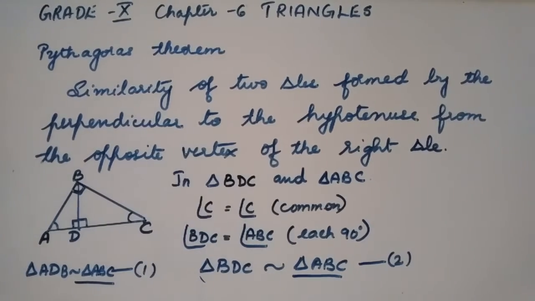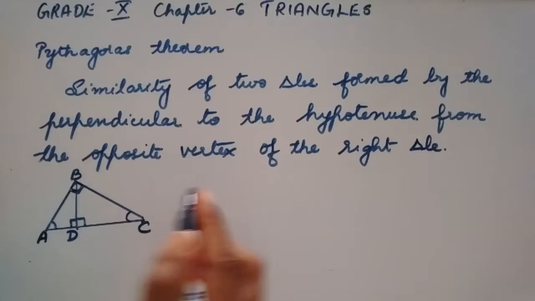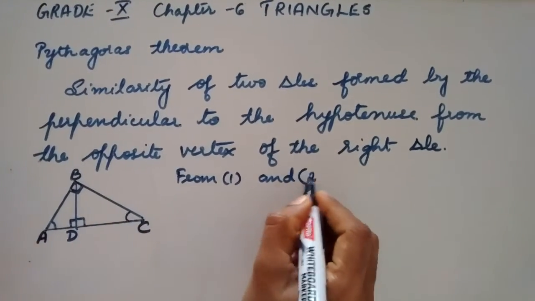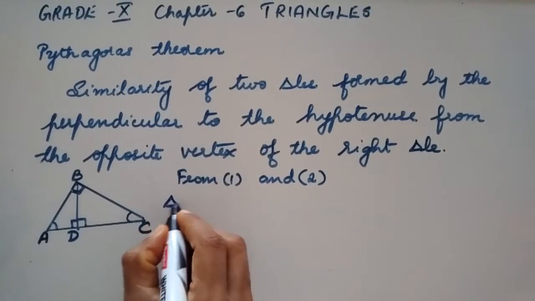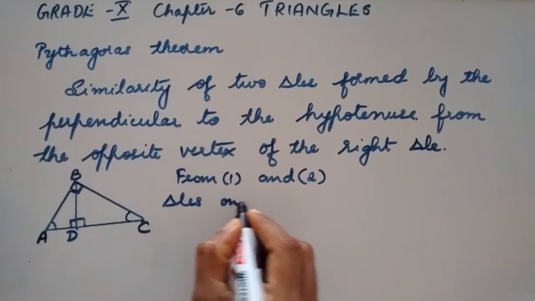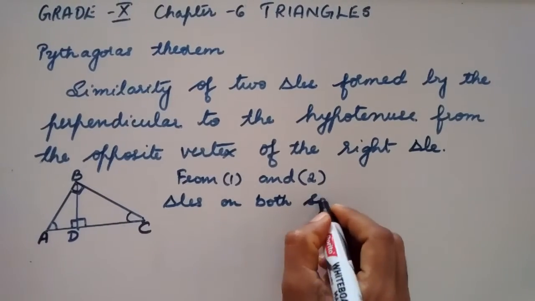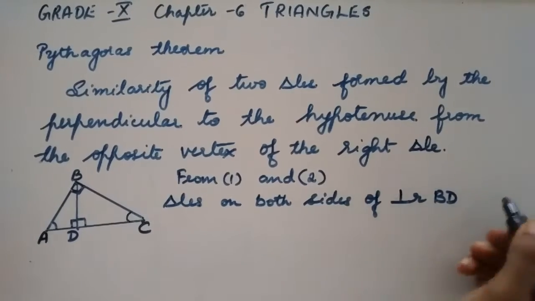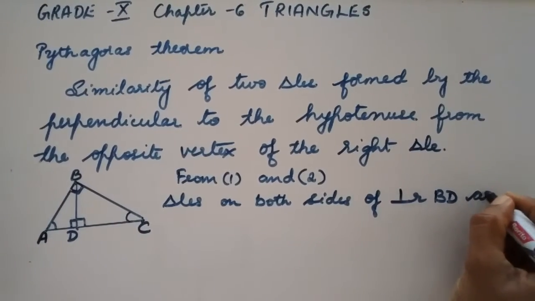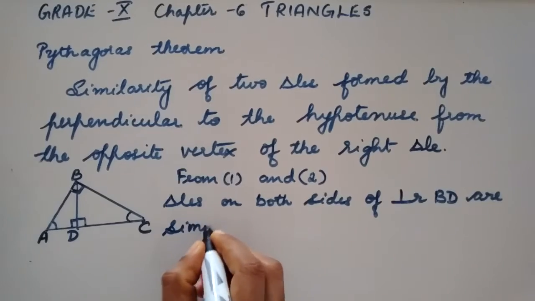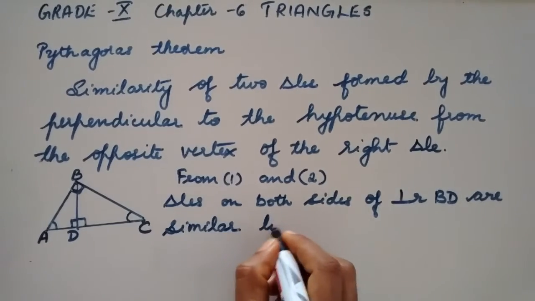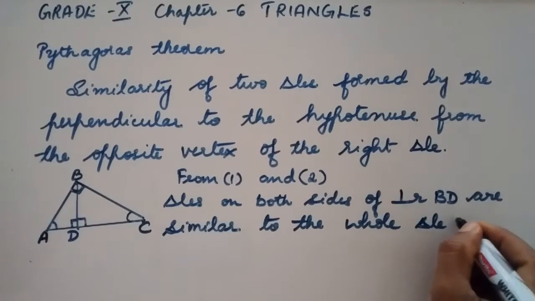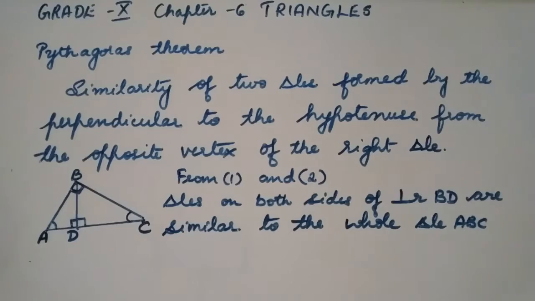So let us write, from 1 and 2, triangles on both the sides of perpendicular BD are similar to the whole triangle ABC.